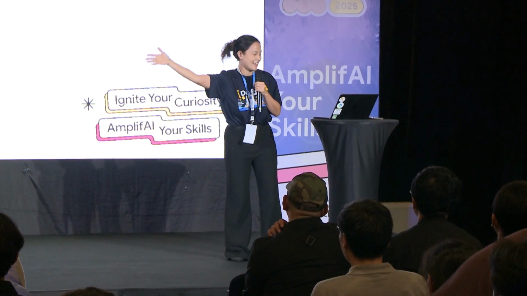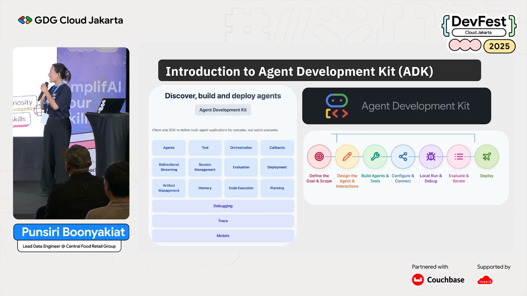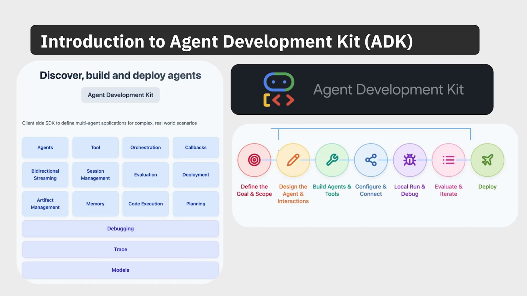New? Okay. So basically ADK is a framework for building AI agents. It's like we build our own ChatGPT or Gemini for our organization or our personal use. For example, we want a personal assistant that has our own information.